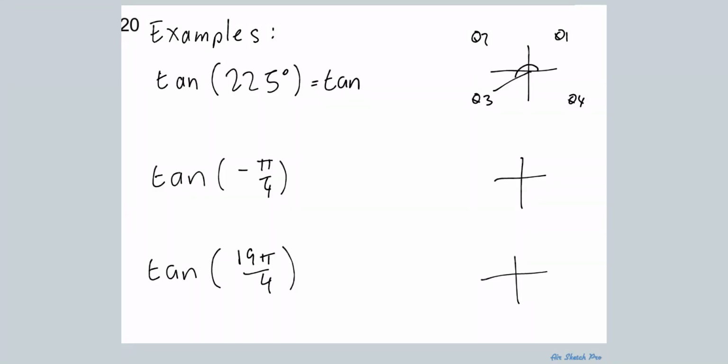So what's the acute angle going to be? Well, remember I said that the angle is always taken from the x-axis. So I've gone 180 degrees here, and I heard someone mutter it, 45 degrees. So tan of 225 equals tan of 45. Okay, it's the same value, is what I'm saying.